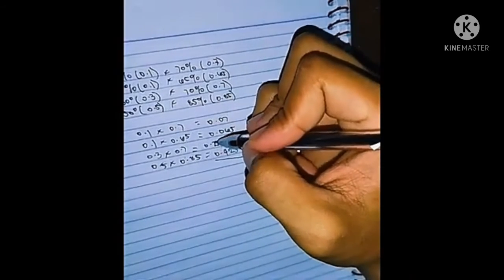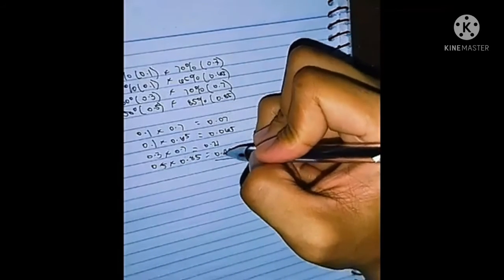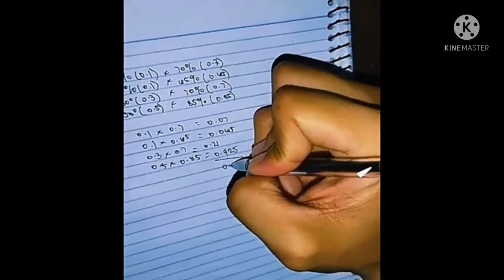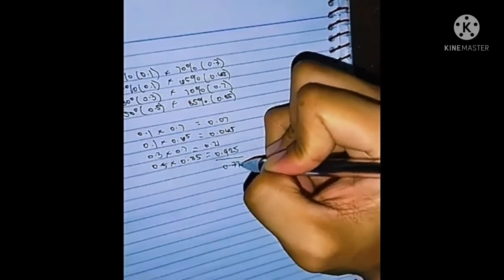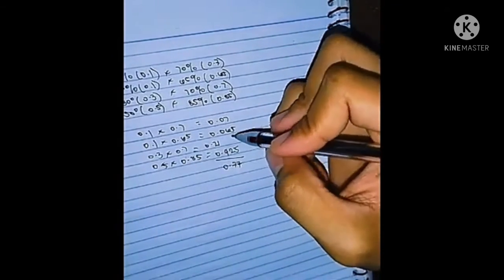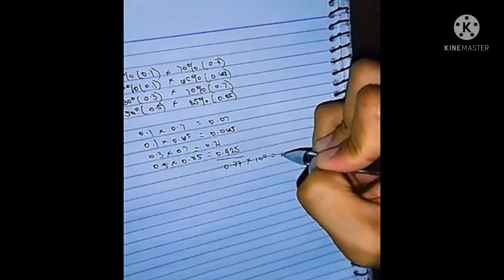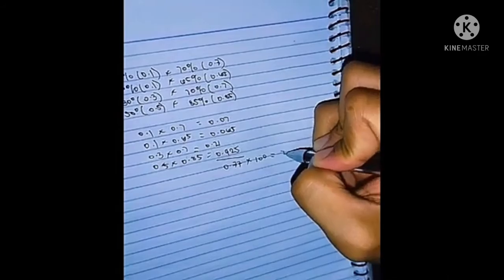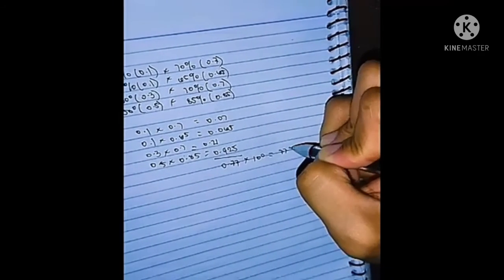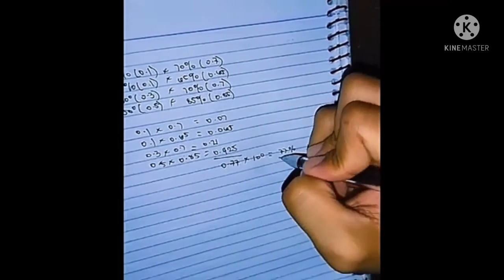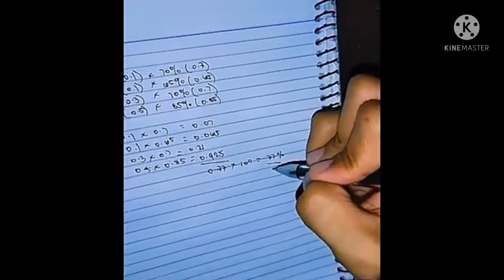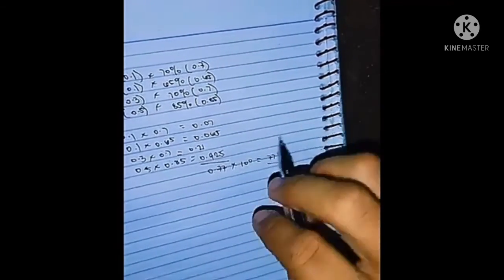So 0.77, and multiply by 100 is equal to 77, and this is the answer. So 77 is the weighted mean. Thank you.